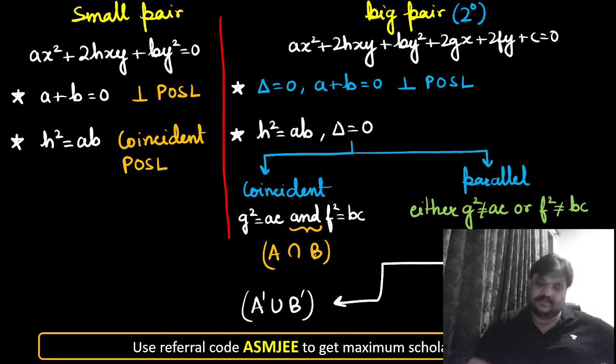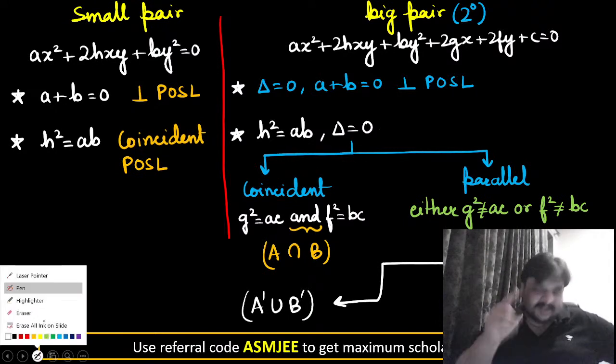Most of the books do this, that for coincident apply G square equal to AC. Note that only G square equal to AC is not enough. Both of them should be true. And most of the videos on YouTube will also do this, but not this one.